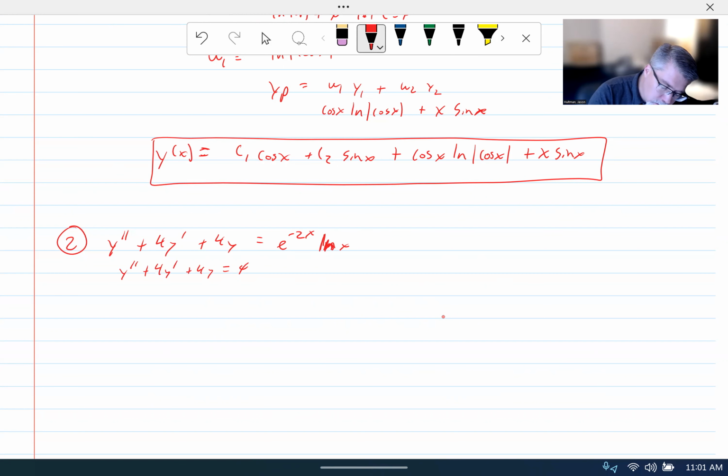Okay, let's get our differential operator here. This is D squared plus 4D plus 4 of y equal to 0. This can be factored into D plus 2 squared y equal to 0.